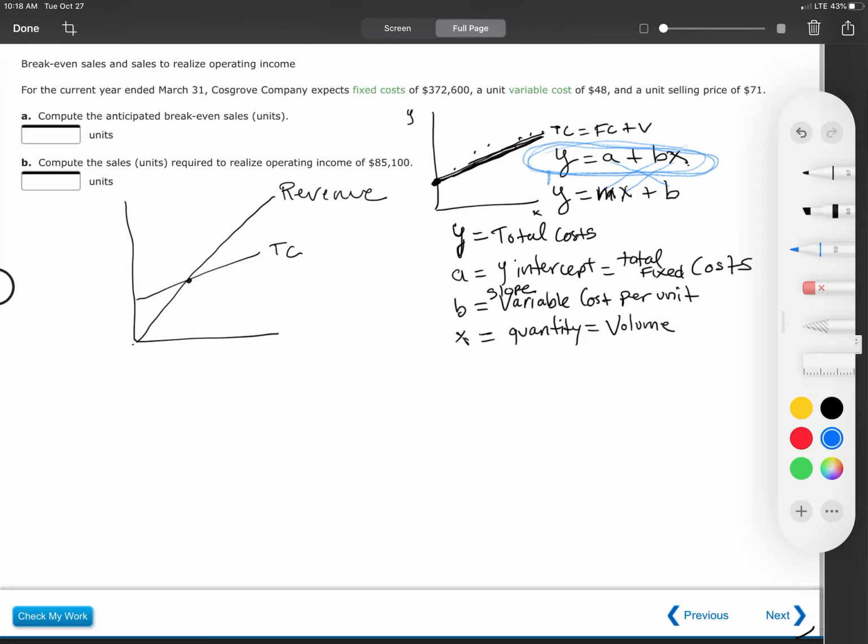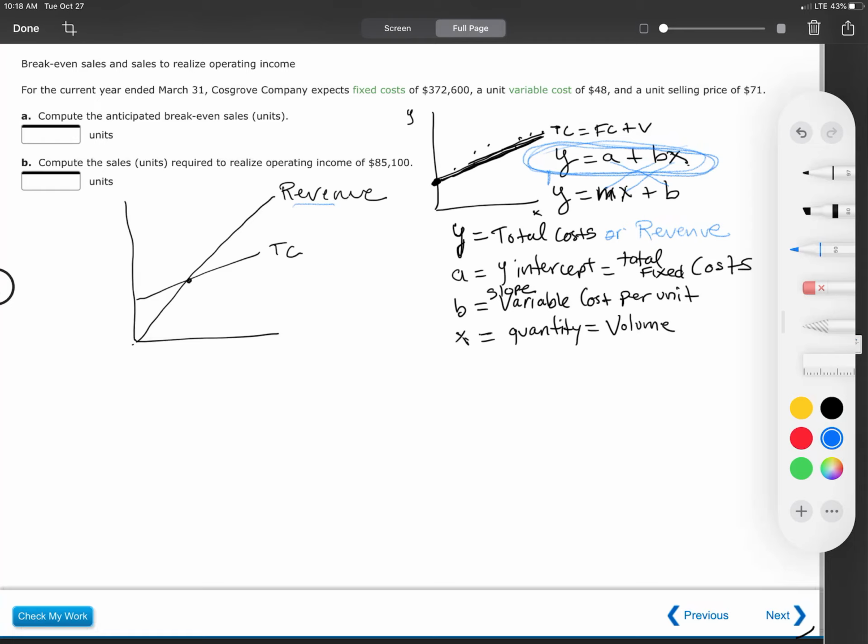Now, I want to adjust this a little bit to give you the formula for the revenue curve. In the revenue curve, Y would not be called total cost. It could be called revenue. So that curve is the revenue curve, and the other curve is the total cost curve.